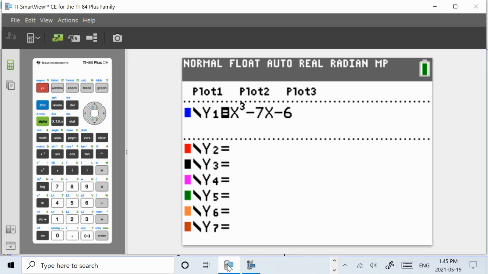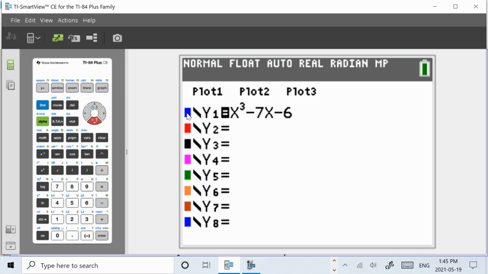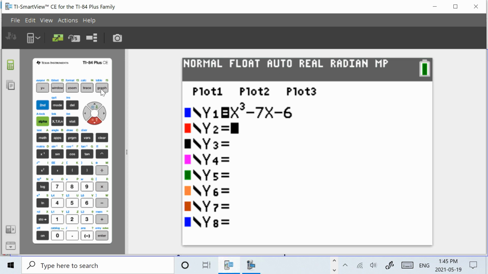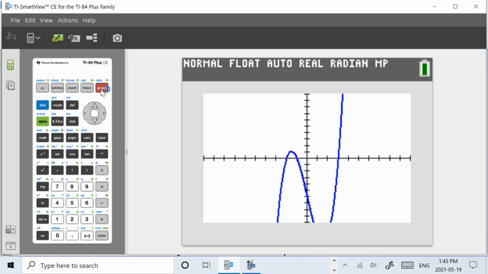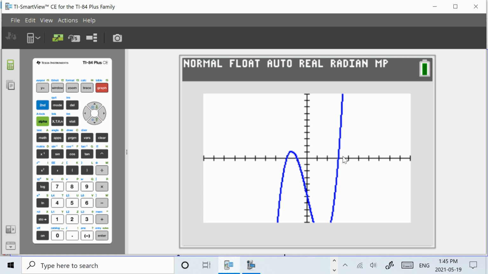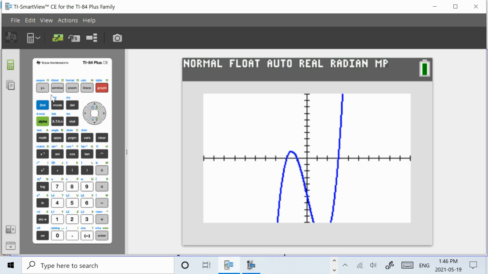So if I take out my calculator and go to y1, here I have it inputted. And I'm going to look at the graph first of all. So this graph does have 3 zeros. These are 3 x-intercepts, these are 3 zeros. I'm not going to count 1, 2, 3. Where I want you to see what the zeros are is I always want you to look at your table.